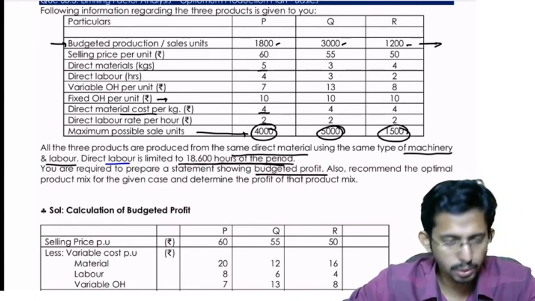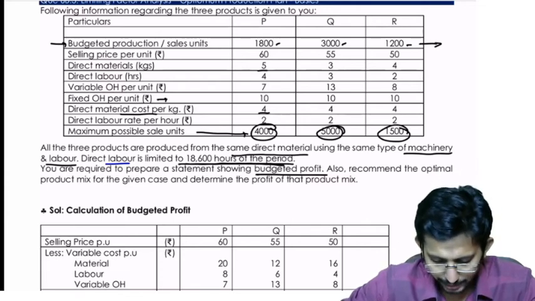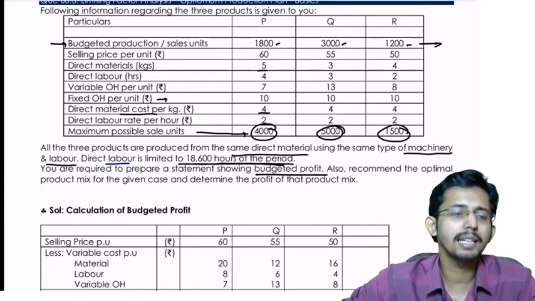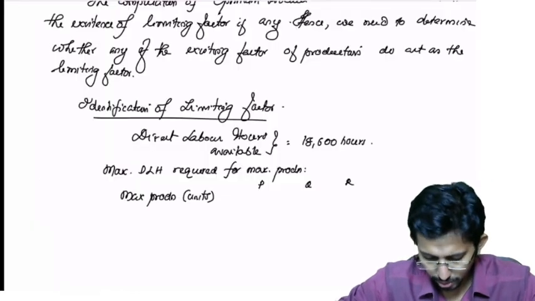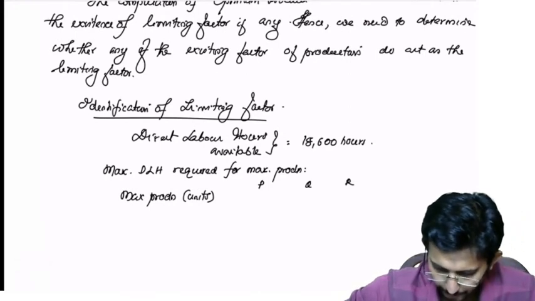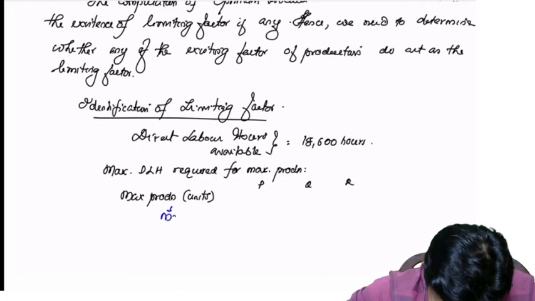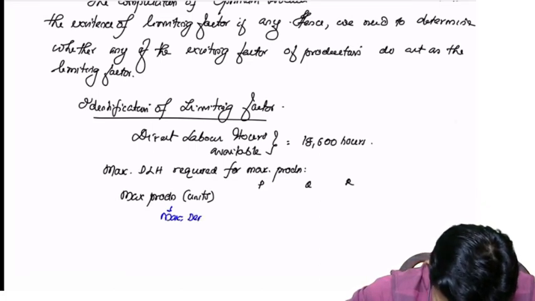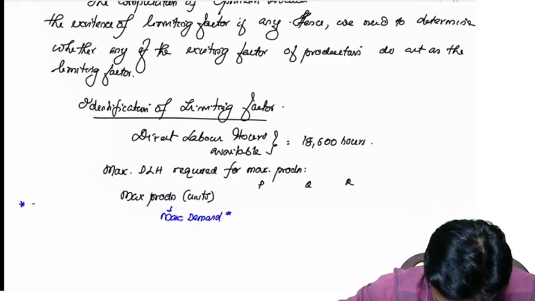So here there is no production capacity constraints. Okay, so maximum possible units can be taken as the maximum possible production. So here what I am doing is I am writing here maximum production units as maximum demand. Why maximum demand?